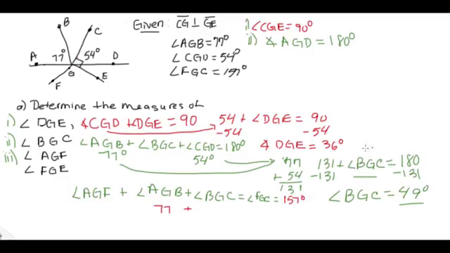I just got previously BGC is 49. So I add 77 plus 49, which gives me 126, and I subtract from 157. That leaves me with angle AGF equals 157 minus 126, which equals 31 degrees.